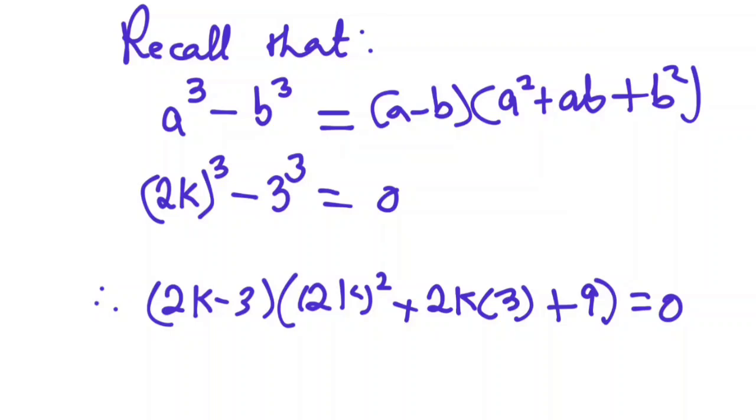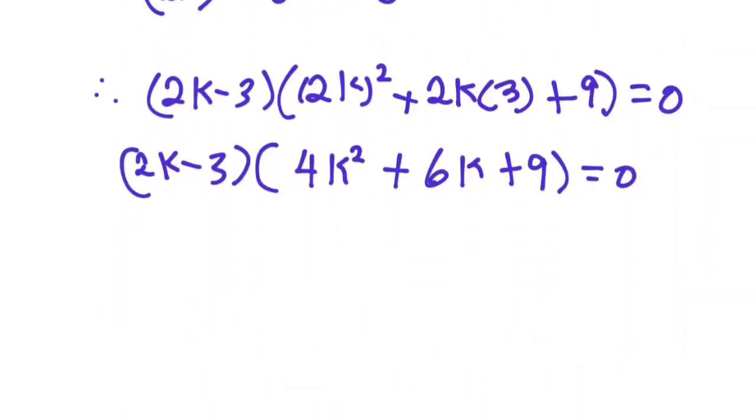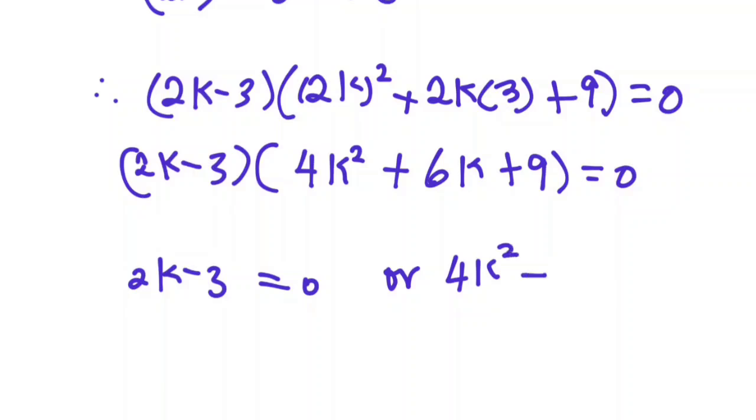Alright, so from here we're going to have 2k minus 3, then 4k squared plus 6k plus 9, equals 0. Understood? So from there we can see that 2k minus 3 can either be 0, or 4k squared plus 6k plus 9 can be 0.